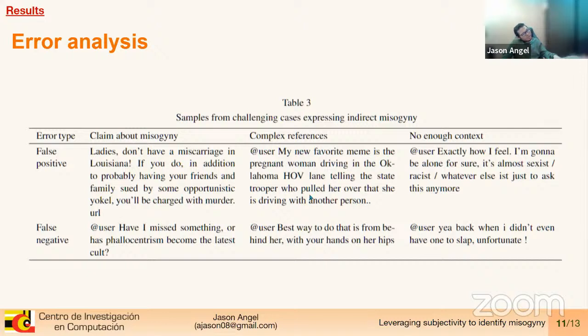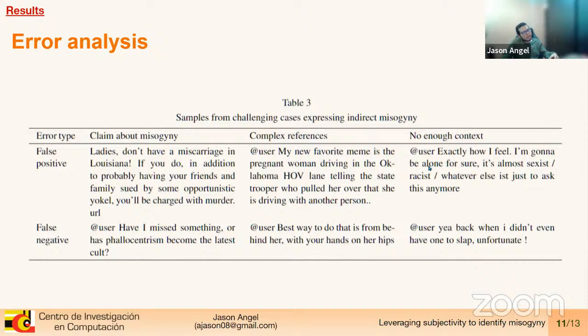There are some complex references, some of them related to things that happen visually or in the real world, in the 3D world. For example, in this situation, it's describing a scenario in which one can consider that a woman could be mistreated, and this is probably very hard to detect for a system that was only trained using textual data.